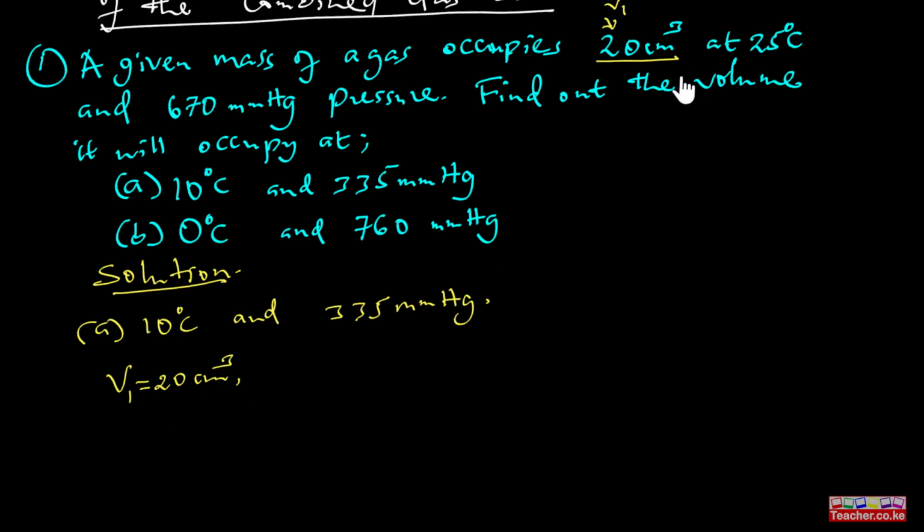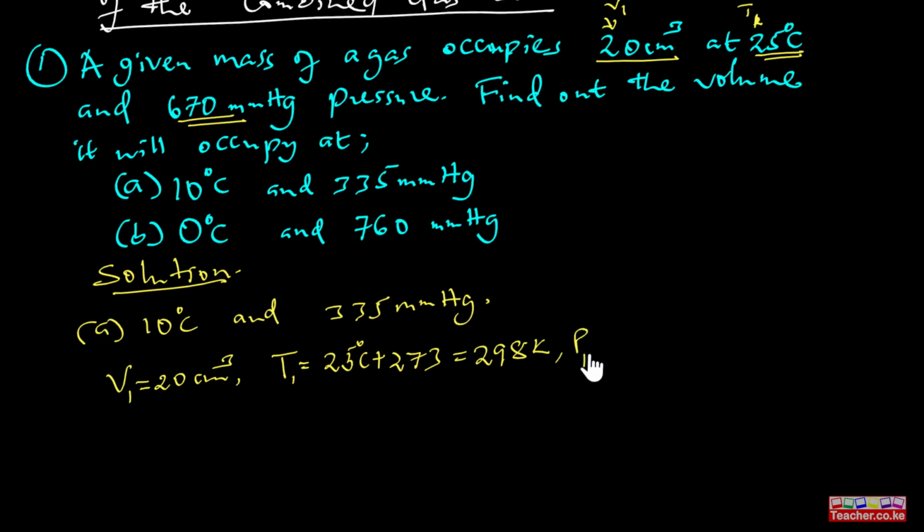And if we continue the question, at 25 degrees Celsius, so 25 degrees Celsius becomes our T1, and we convert it to the Kelvin scale simply by adding 273, and we get 298 Kelvin. If we continue from the statement, 670 millimeters of mercury, that is our pressure 1, P1. Let's write it, 670 millimeters of mercury.